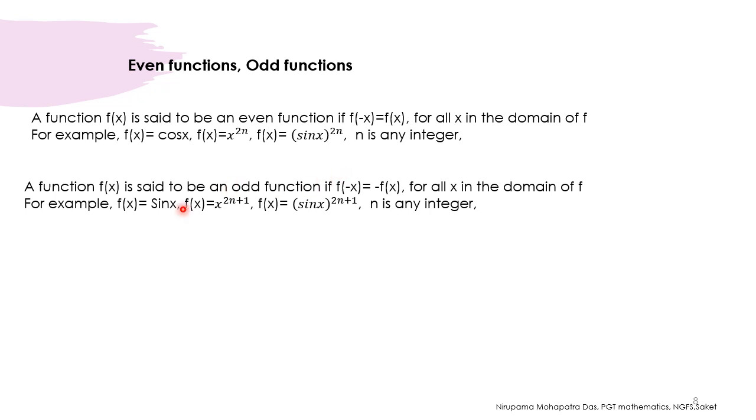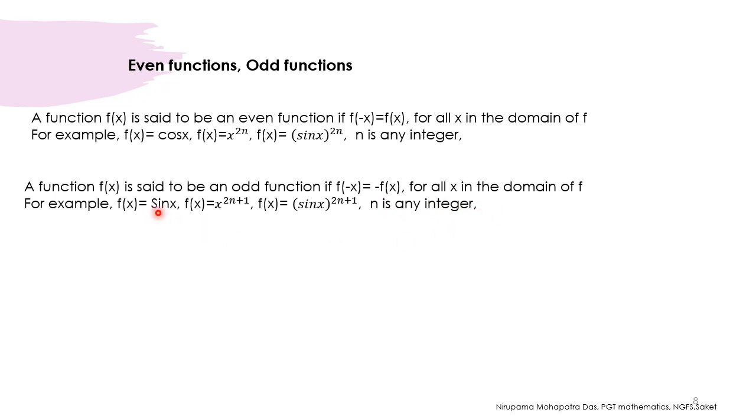And an odd function is: a function f(x) is said to be an odd function if f(-x) = -f(x), meaning by changing the sign of the variable, the sign of the function is changed.